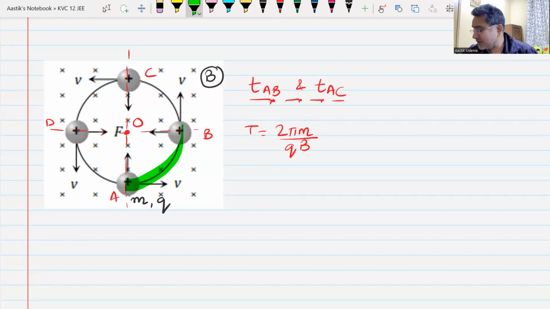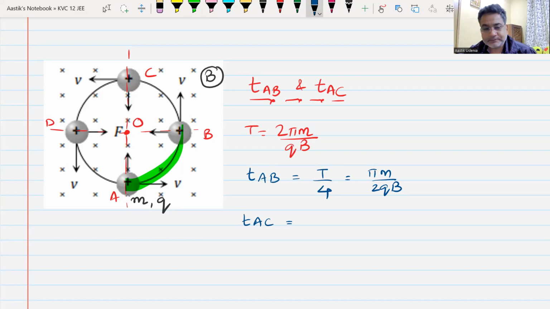Was it so difficult that you could not answer it on your own? Time taken to go from A to B will be T/4, that is, pi m by 2qB. What is the time taken by the particle to go from A to C? T/2. Was it so difficult that you could not do it?